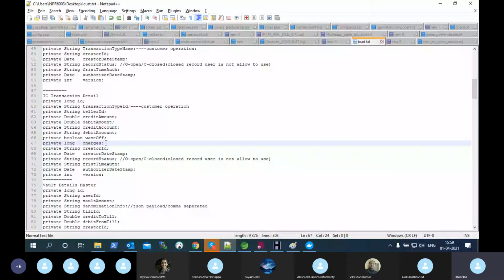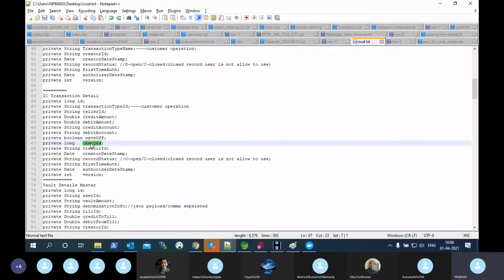But anyway, for making the money balance, it has to be maintained or given by the bank. So waive off means we are not taking this charge from the customer. If it is false, we have to charge this amount from the customer account.